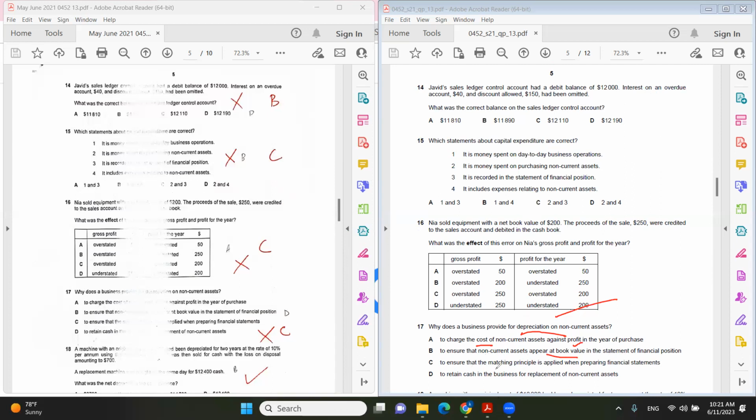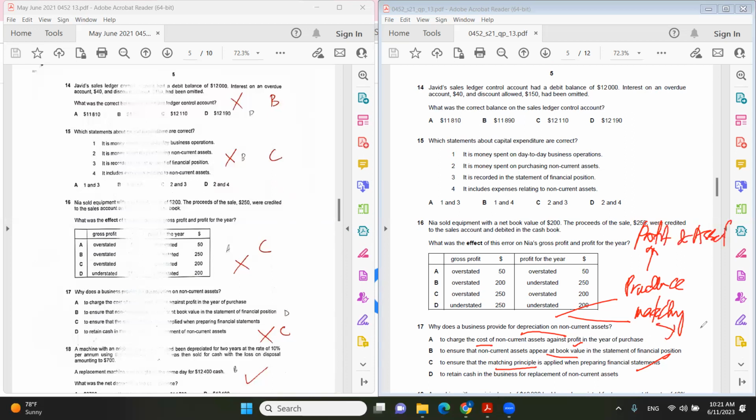One of the reasons we do depreciation is to ensure the matching principle applies in the preparation. This one is more accurate. When talking about accounting principles for depreciation, you have two: one is prudence, one is matching. Under prudence, profit and assets are not overstated.